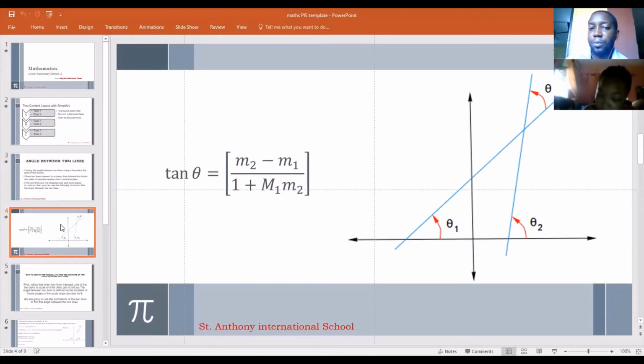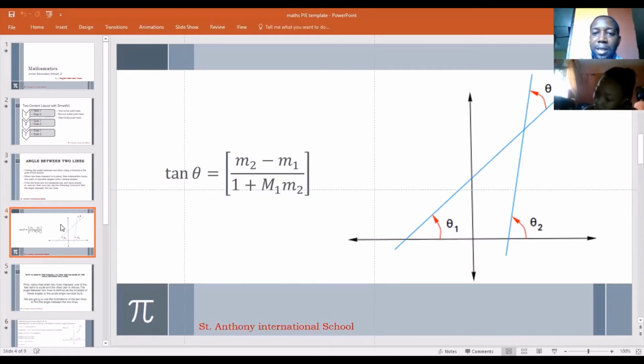Can you also see the diagram that you have beside there? Can you draw it? Yes, draw the diagram you have there.